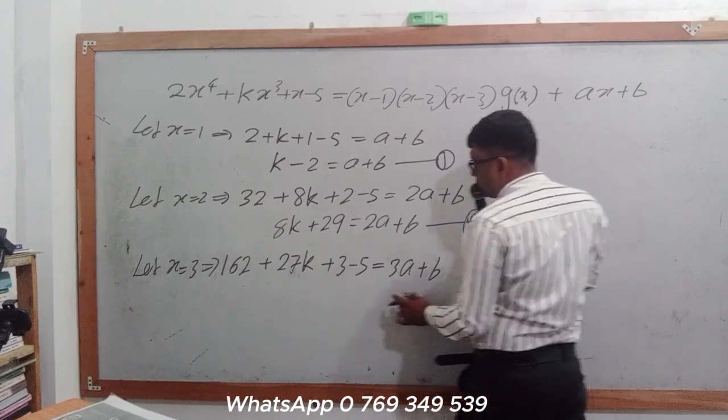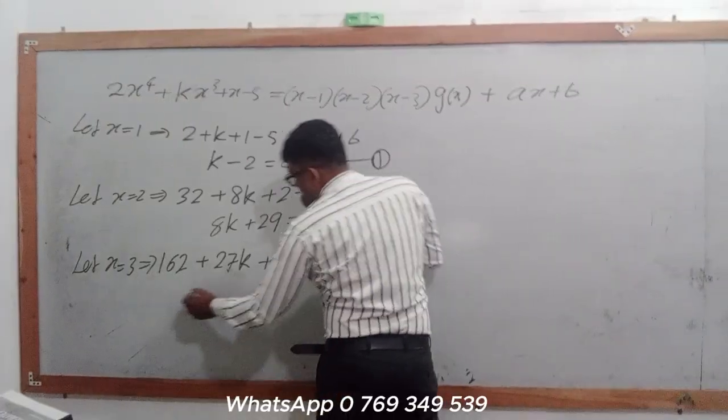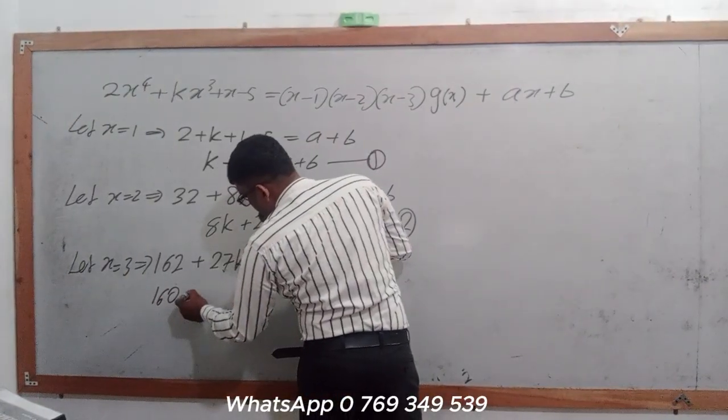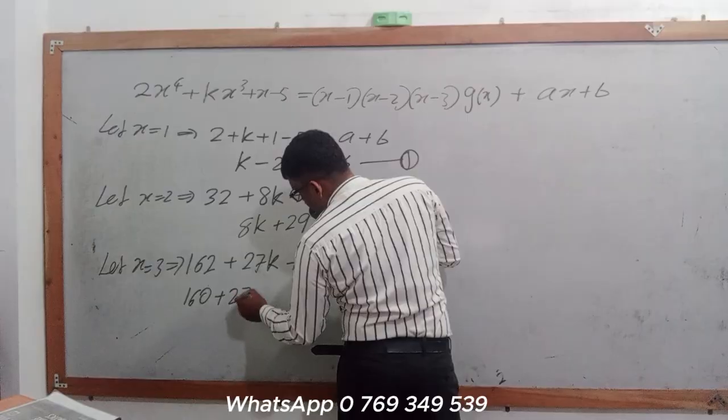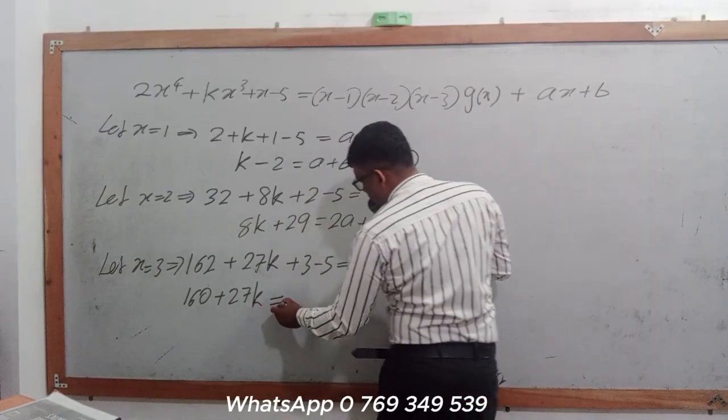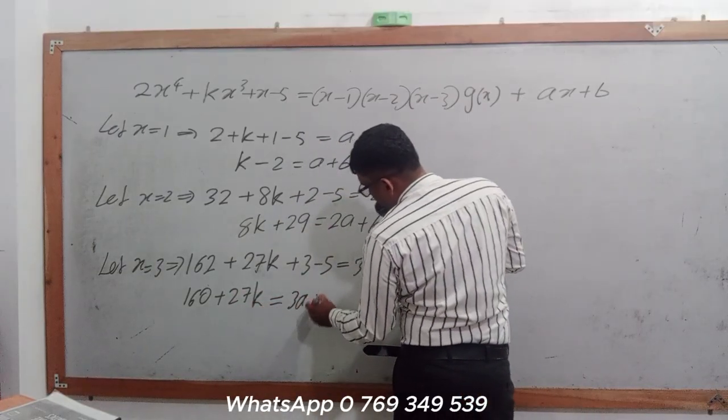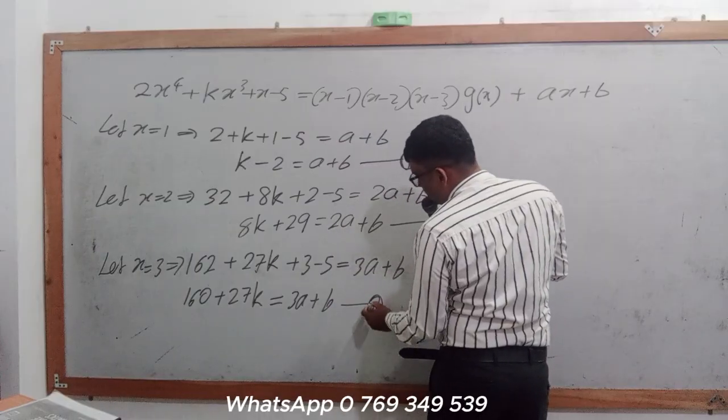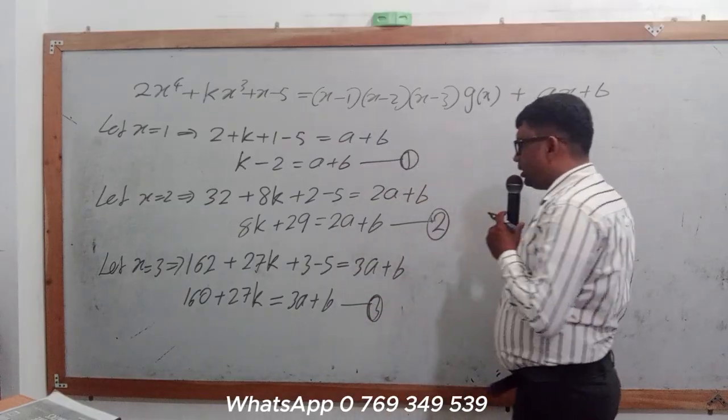We have to simplify this one, no? 160 only plus 27k equals 3a plus b, equation number 3.